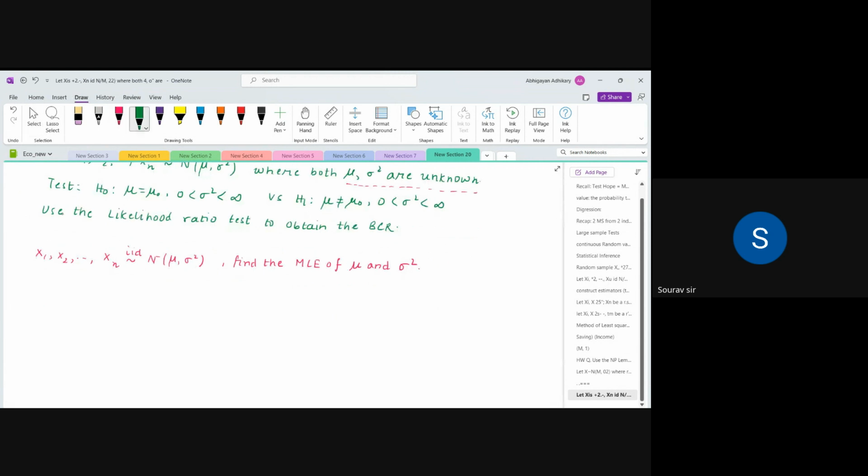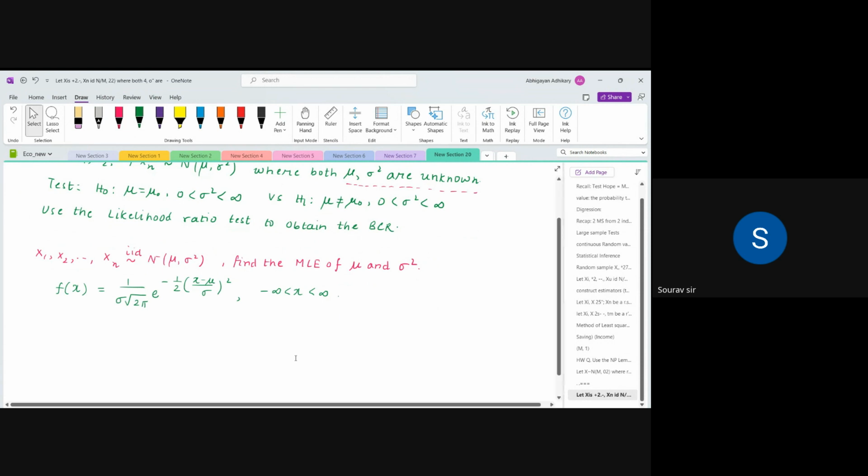So first of all, we need to write down the density function. What is the density function of the normal distribution? 1 by sigma root over 2 pi e to the power minus half (x minus mu by sigma) whole square, where x varies from minus infinity to infinity, right?